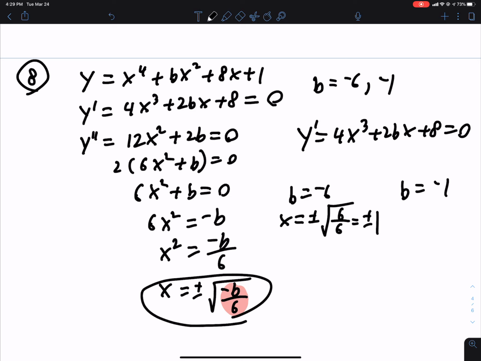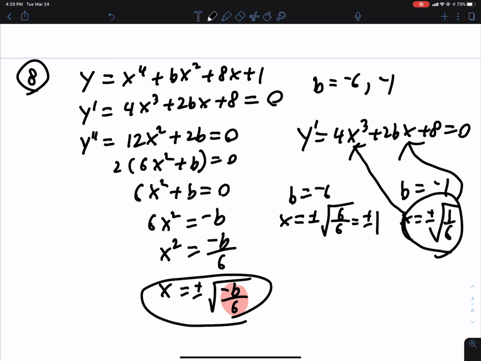But if b were -1, plugging into the same formula, I would get 1/6. I don't know, you can believe me or not, if you were to plug this in for x and -1 for b, you're not going to get 0, because you're going to have square roots of 6's. It just isn't going to happen.